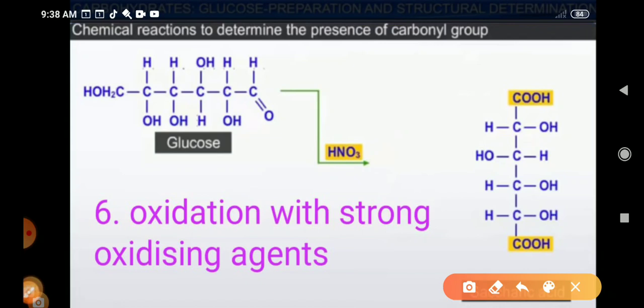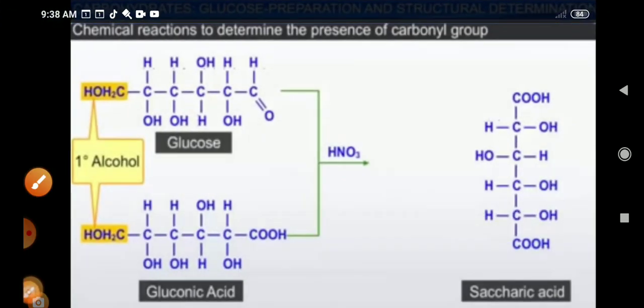So the presence of the primary alcoholic group is confirmed. This reaction shows the presence of a primary alcoholic group, that is, 1 degree alcoholic group. And what is the name given to the product formed here? That is saccharic acid.